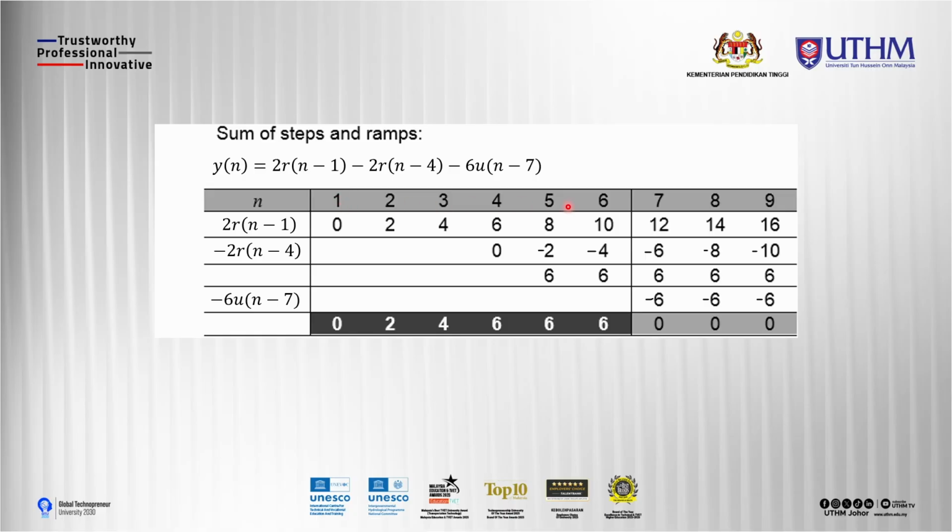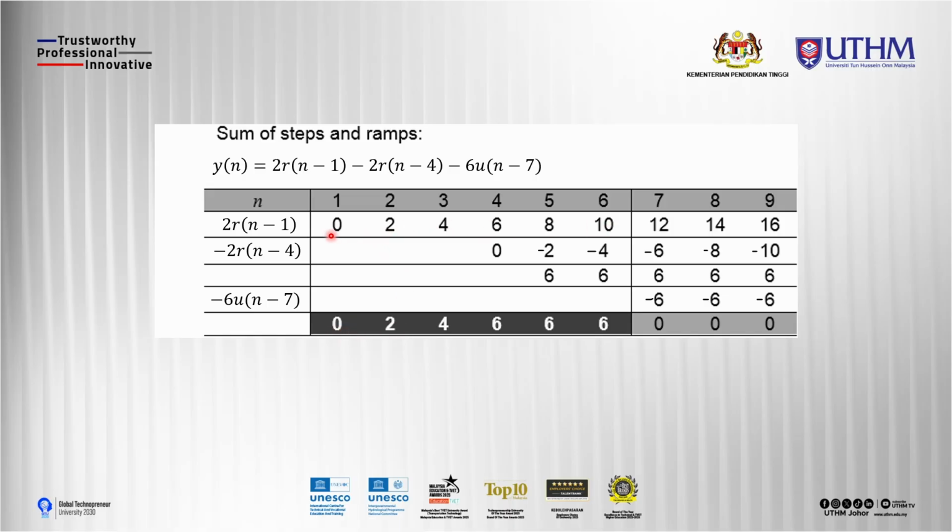The total sequence has 6 values only, but we add an extra 3 columns at the right, to make sure that at the end we obtain the values 0, 0, 0. Now we have the values 0, 2, 4, 6, 6, 6, right?